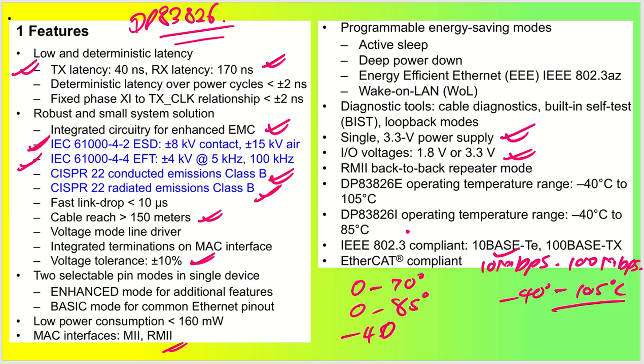Then minus 40 degree to 85 degree centigrade, or minus 40 degree to 125 degree centigrade. All these things are there. It can go as high as 150 degree centigrade also. Okay, and you can see it is compliant with IEEE 802.3 for 10BASE-TE and 100BASE-TX. We have 1000BASE-TX also, so that will be 1 gigabit speed.